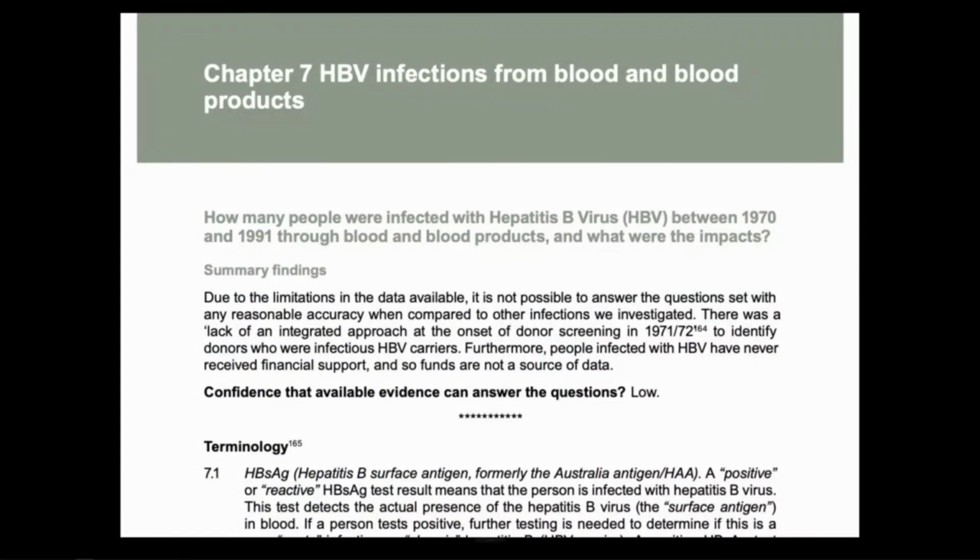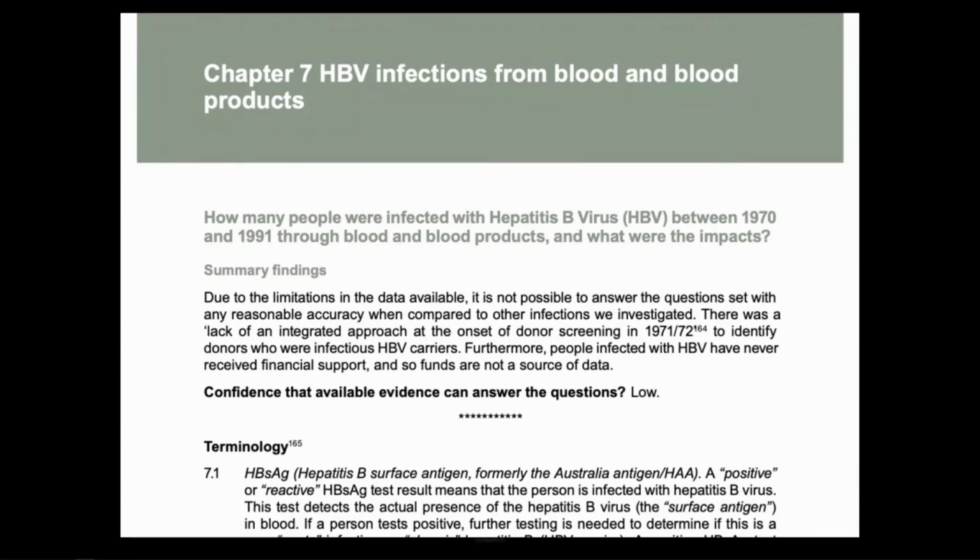Can I then just turn to hepatitis B, which is chapter 7, page 95 of the report, 99 electronically. And what you've said, if I just read out the summary findings again: due to the limitations in the data available, it is not possible to answer the questions set with any reasonable accuracy when compared to other infections we investigated.